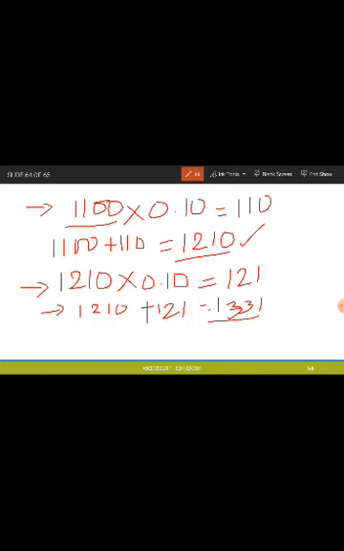Therefore, at the end of the third year, the amount that you are earning is 1331. This kind of adding up of interest to the principal is called what? Compounding type.